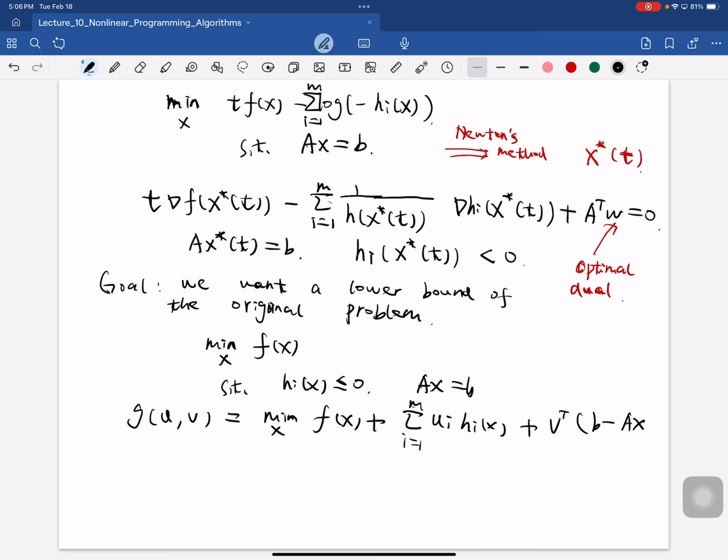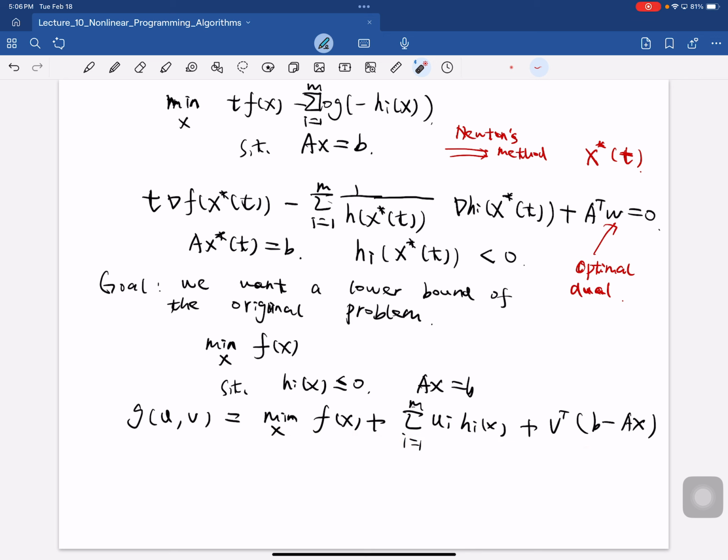Right? So this is the Lagrangian function of the original problem. In order to get a lower bound, what we can do is show that for a particular Lagrangian multiplier, we got some x that minimizes this problem.